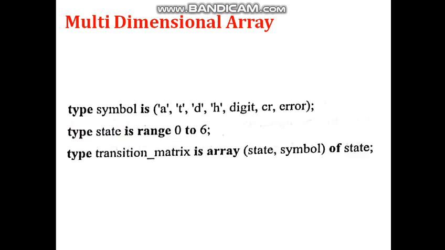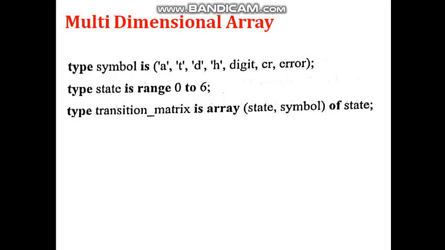For example, we might include the following type declarations in a model for a finite state machine. Type symbol is a, b, c, d, digit, CR, error. Type state is the range from 0 to 6. Type transition_matrix is array state, symbol of state.